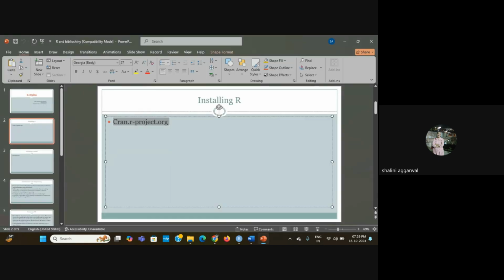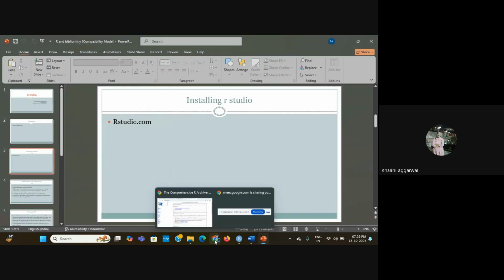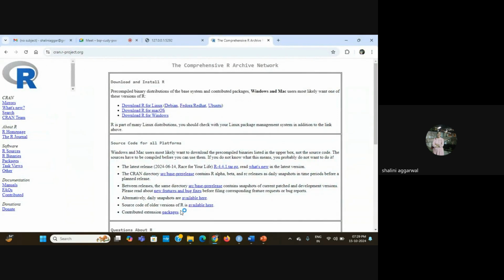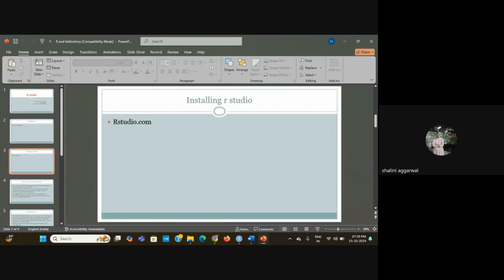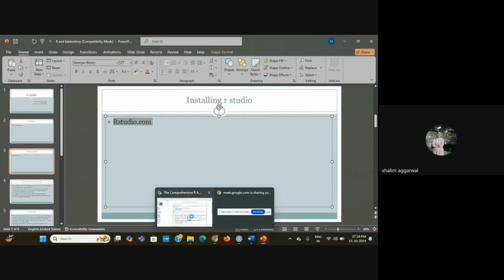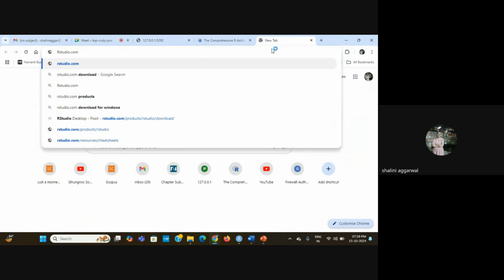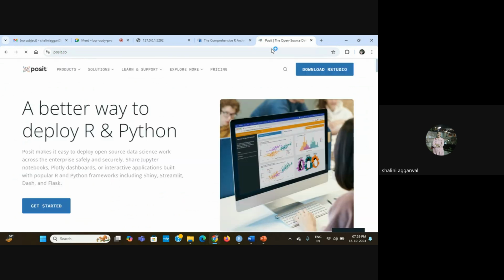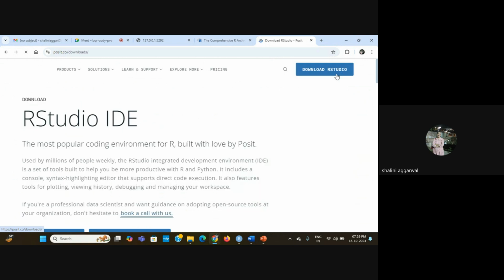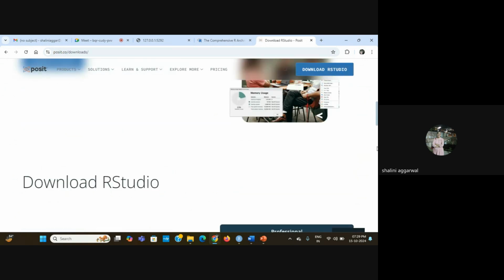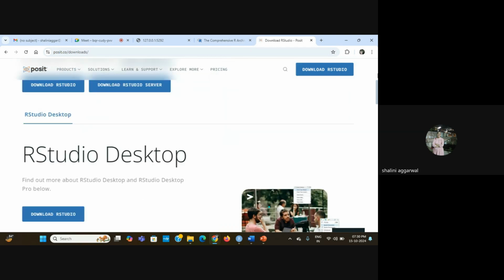Once you have downloaded this, what is the next step? It's a two-step process. The first step is installing R on your laptops. The second step is installing R Studio. You use this command and put it into Google, and it will take you to a website.